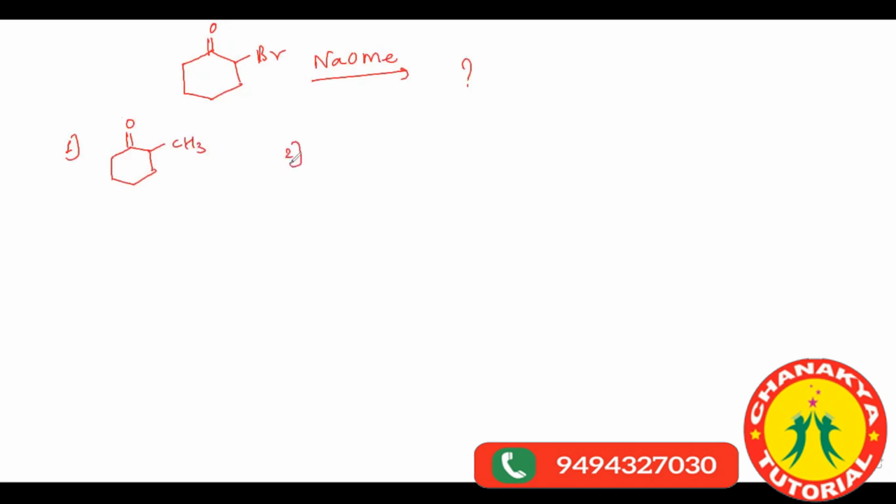Second, a 5-membered ring with CO2Me. Third, a 5-membered ring with double bond OCH3. And the fourth, a 4-membered ring with CO2Me. Which one would be the product? Fifth is also given: none of the above or more than one of the above.